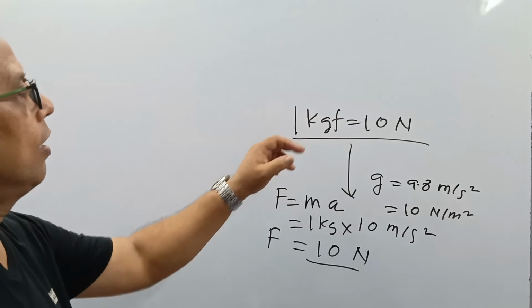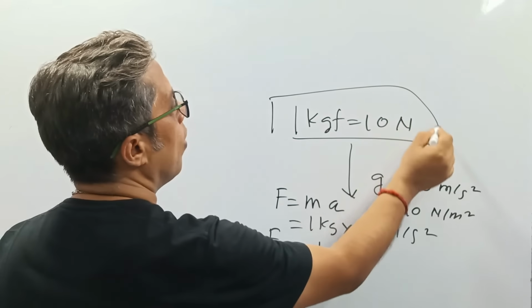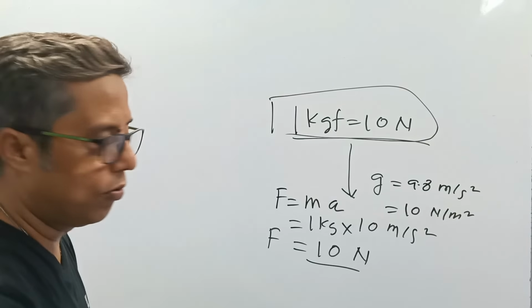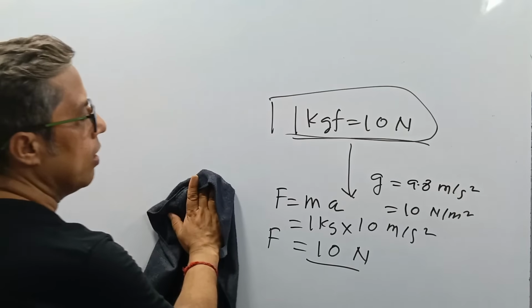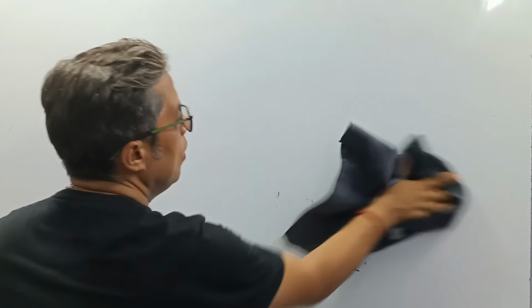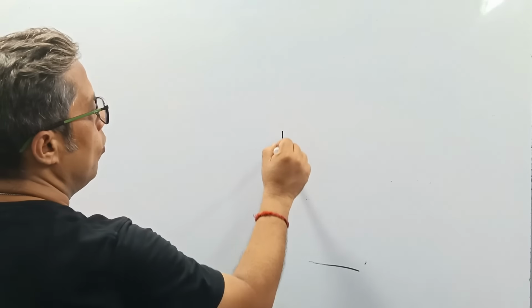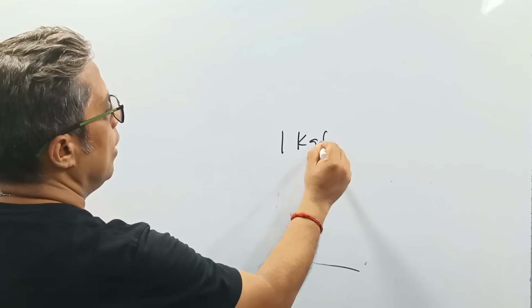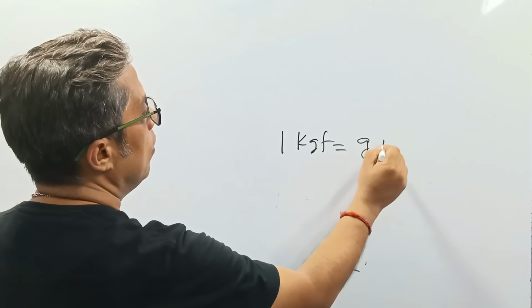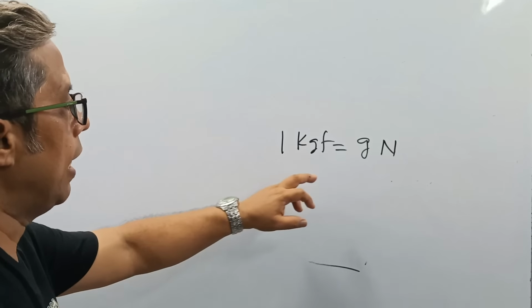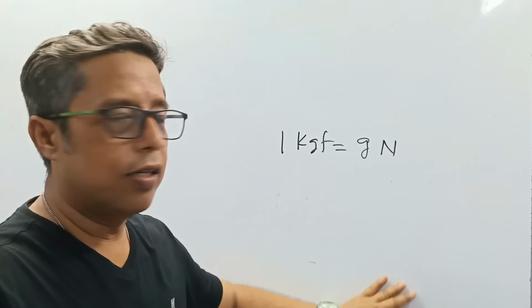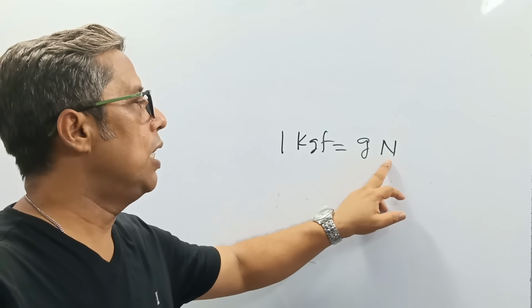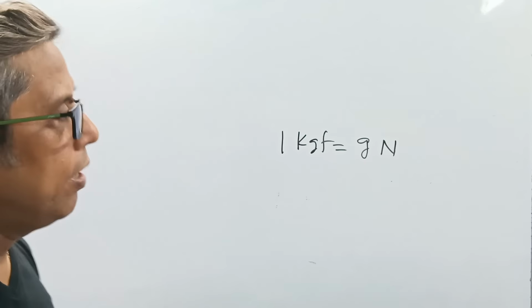So this is the unit: 1 kgf means g Newton. The definition will be 1 kgf is equal to g Newton. That means the force acting on an object of unit mass, with acceleration g, and Newton is the unit.